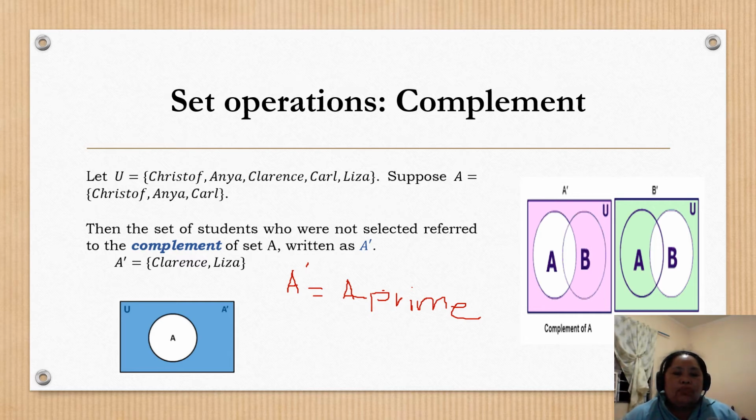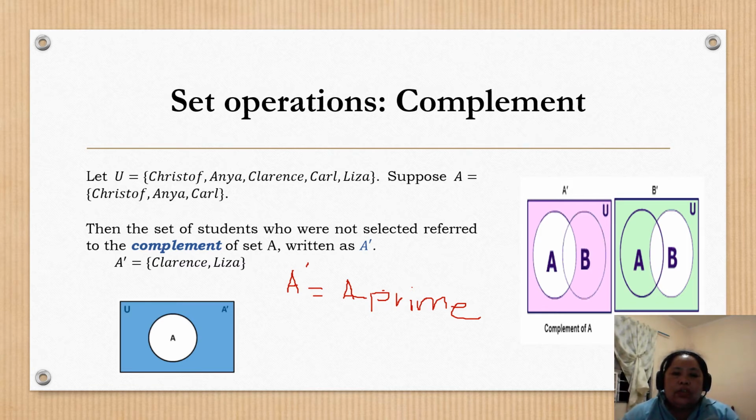So since the universal set, or the team, has Christoph, Anya, Clarence, Carl and Lisa, then pag hiniwalay mo si Christoph, si Anya at si Carl, hindi pwedeng mawala din si Clarence at Lisa because they complete one team, or one group. Okay. So in this picture here, the complement of A are all the elements in the color blue in the universal set.